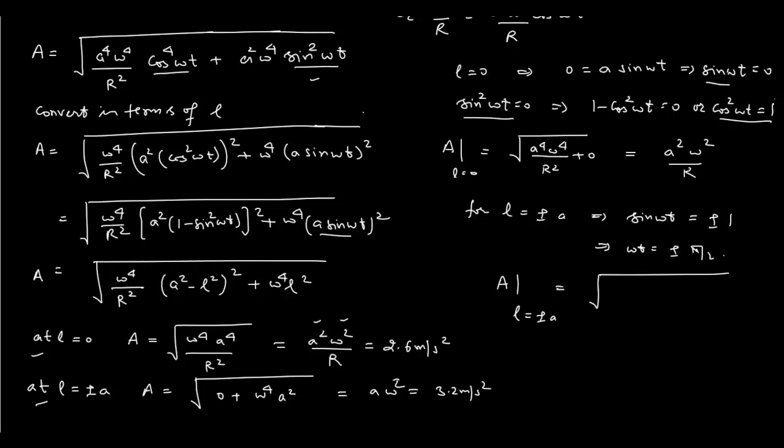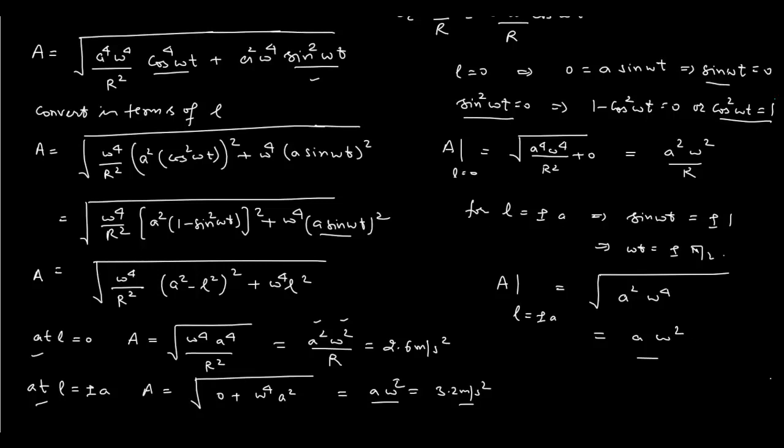So inside the under root we get A square omega 4, and solving this we get A omega square. Now see, this is the same result, so either you can calculate through this procedure or through this procedure, it is going to give the same result.